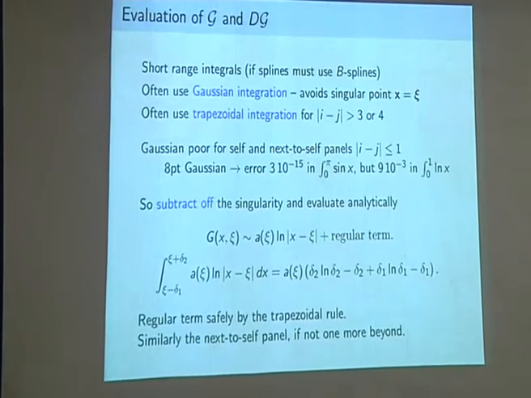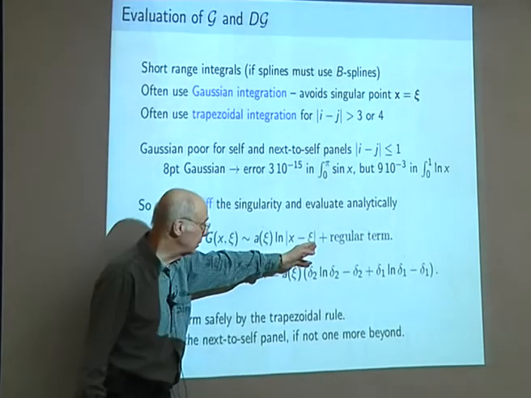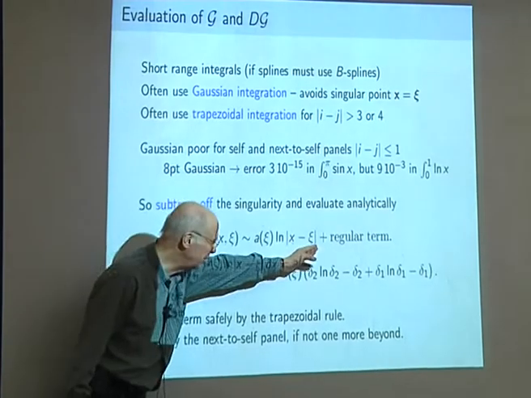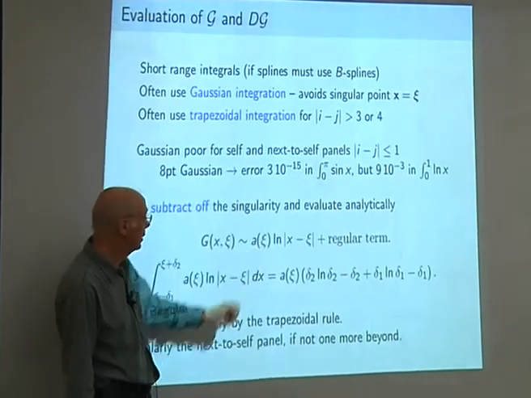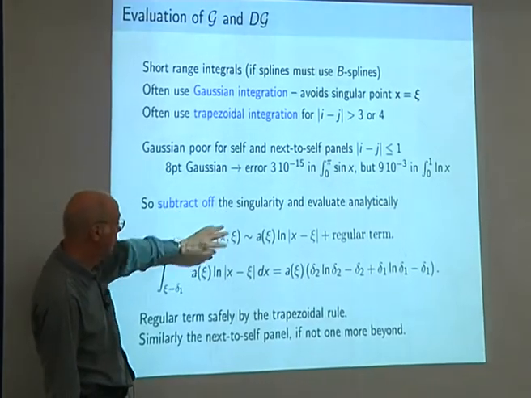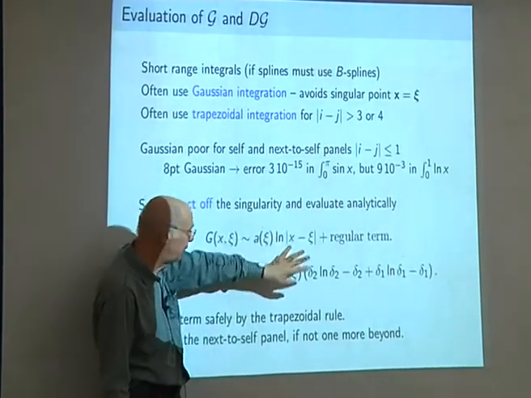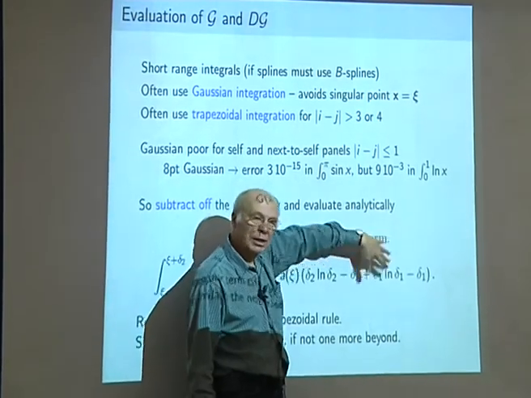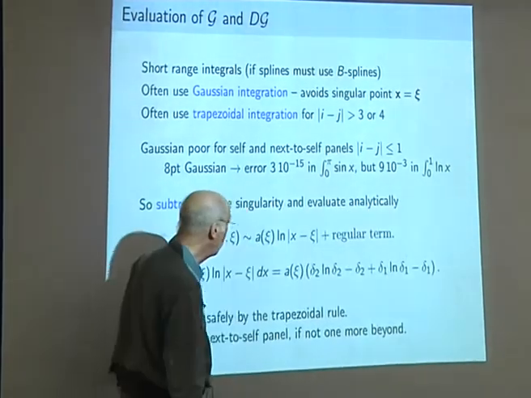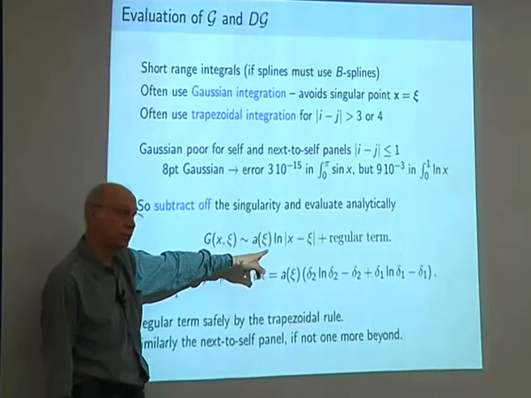What you should do is, you know it has a logarithmic singularity, and you know the amplitude. So what you do is you say the Green's function is the singular bit in a very simple form, plus a regular remainder term, and I can integrate the singular part by hand with respect to x.